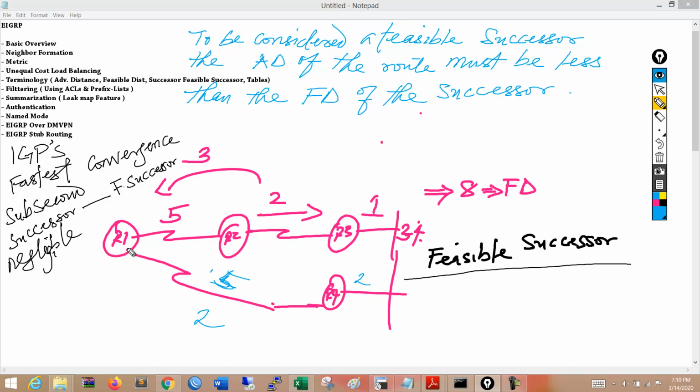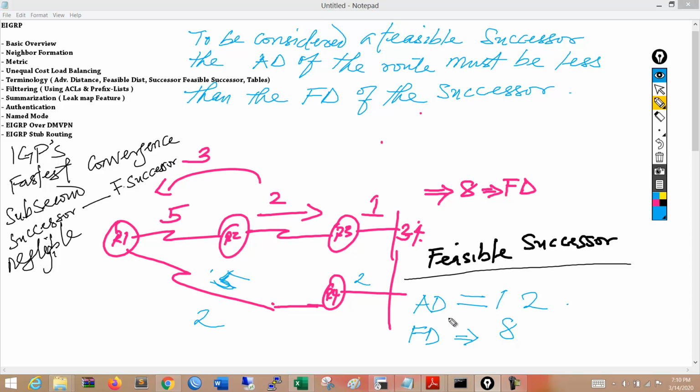So when router 1 gets this advertised distance, he's going to look at it and say, okay, what is costing you? Is equal to 2. And my feasible distance for the route that I've actually chosen to become the best route is 8.